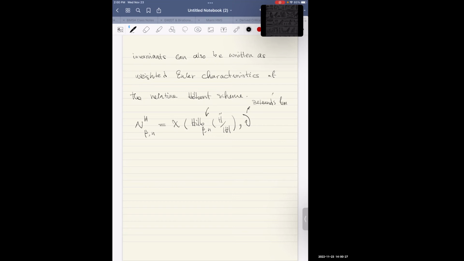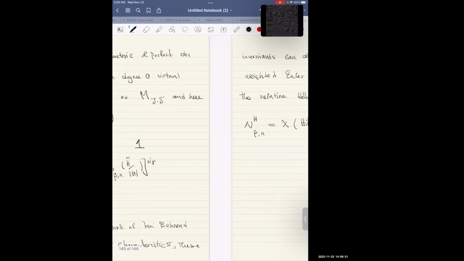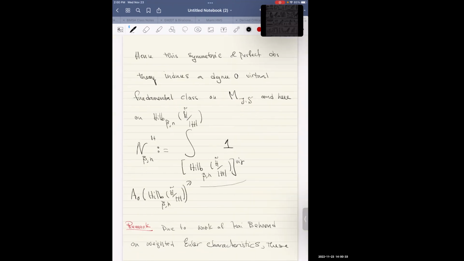Because virtually the Hilbert scheme is now realized as a zero-dimensional subscheme, you see? Proving that the virtual cycle of the Hilbert scheme is degree zero is an important fact. It basically means that your moduli space virtually is realized as a union of a bunch of points with different multiplicities.